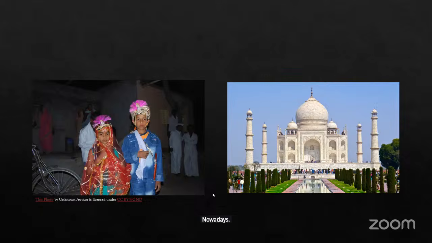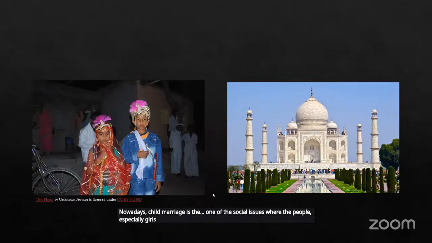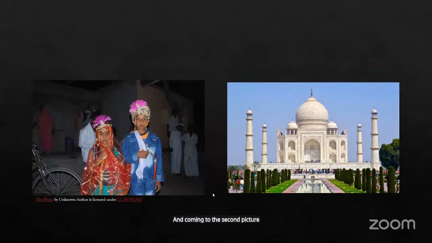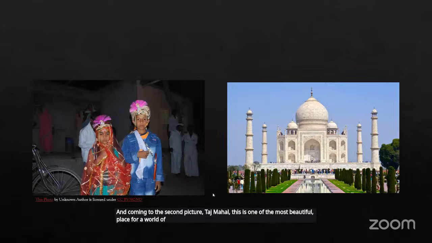Nowadays, child marriage is one of the social issues where people, especially girls, are married at a very young age before they are emotionally, physically and financially prepared for married life. And coming to the second picture, Taj Mahal is one of the most beautiful places, a world symbol of love.